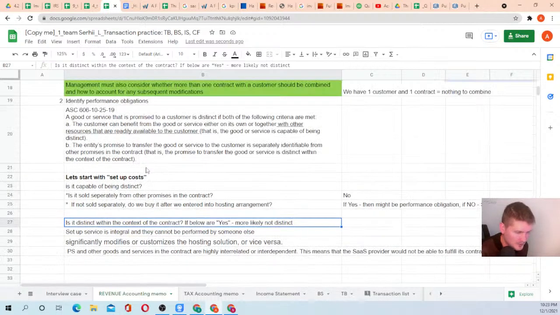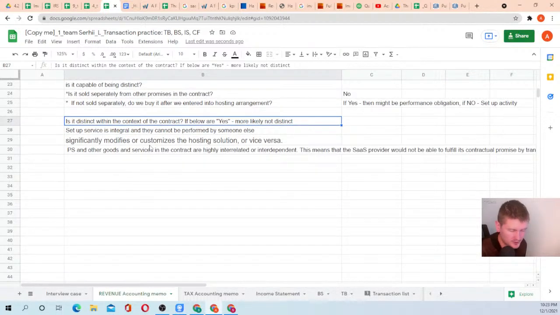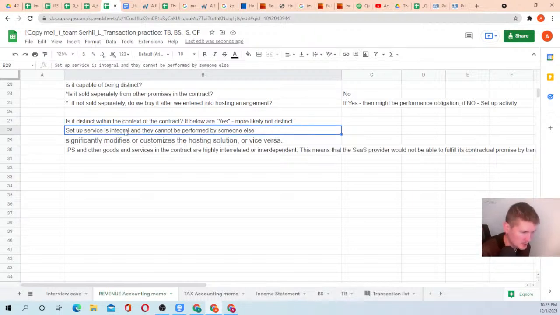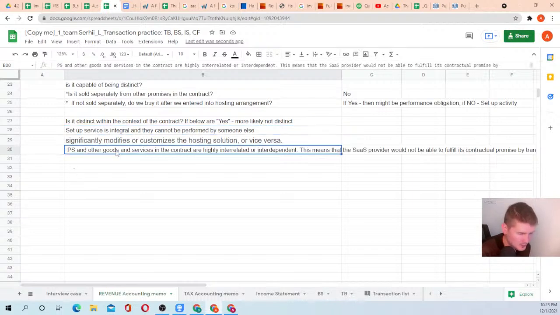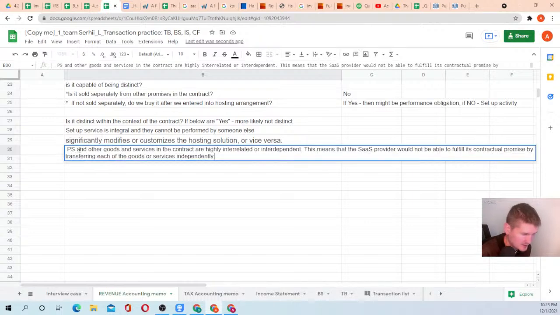That will not be a part of our performance obligations to which we allocate the revenue. And basically what we have here is setup service is integral, and the third one, setup.